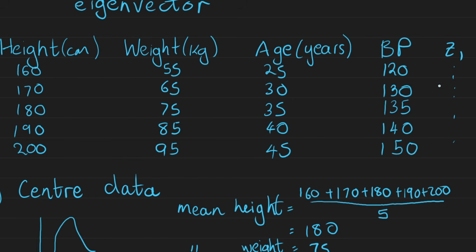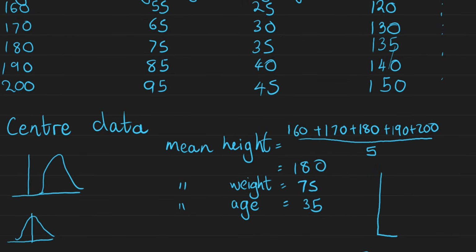So just one other point to mention here. If we do actually make this relationship, we have to ensure that we also center the blood pressure data. So in other words, we take the mean of the blood pressure column, and then we find the deviations, and then using that new data set of the deviations, we then relate that to Z1. So that would be our new correlation. We can do a scatter plot of this blood pressure data against this Z1.